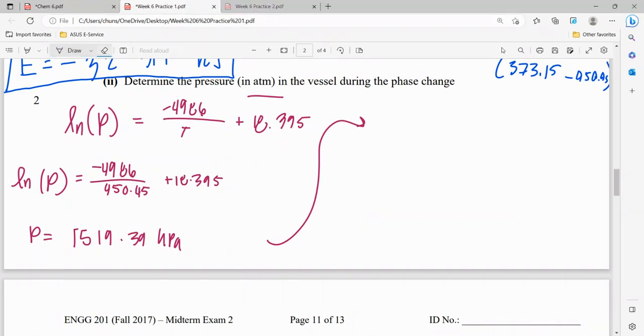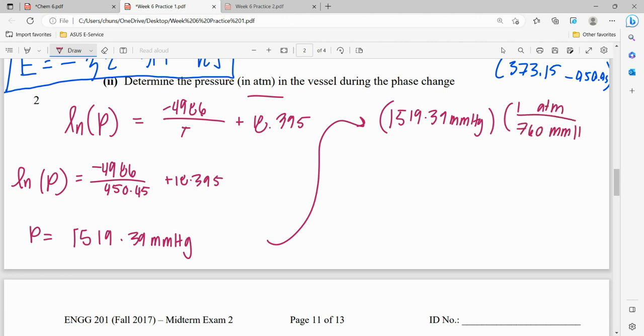Our initial equation used millimeters of mercury, so we just need to convert it now. For 1 atm, we have 760 millimeters of mercury, and that means we have about 2 atm pressure.